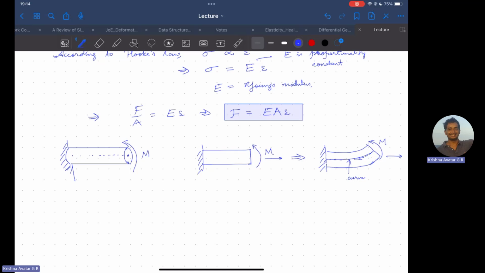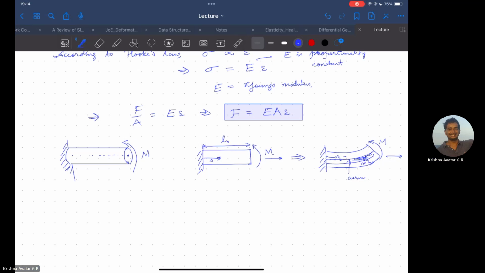Now, the local tangent vector makes an angle theta, and we look at the rate of change of theta with respect to the arc length coordinate. From here to here it's L, and at any point the distance is S, so the center line goes up to S equal to L naught.